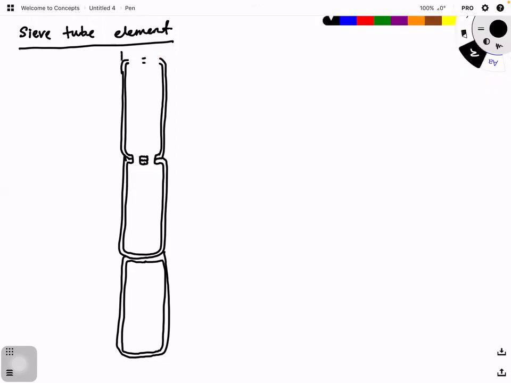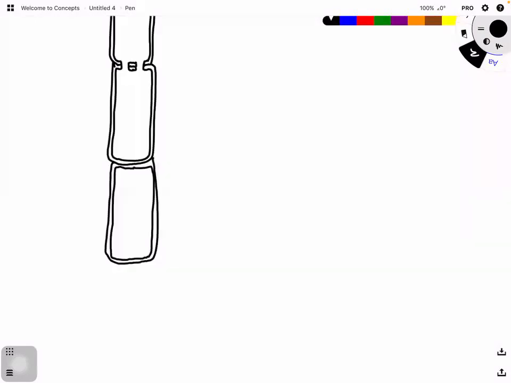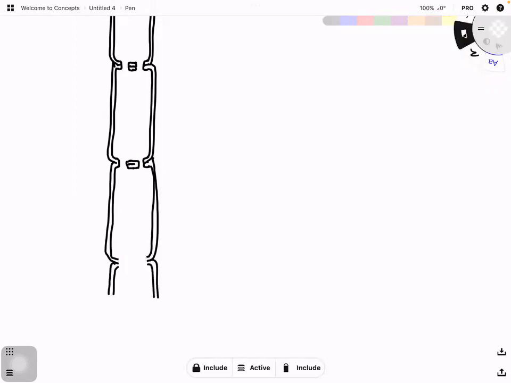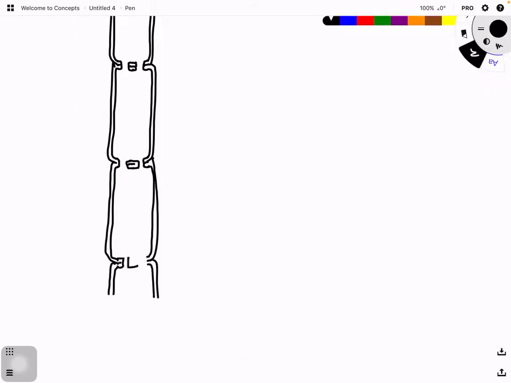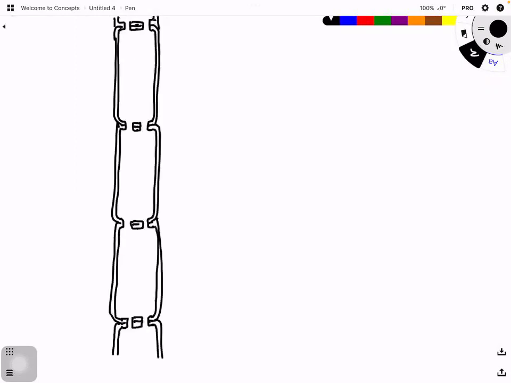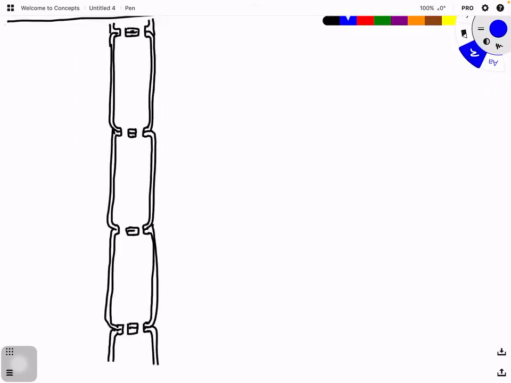So if this is another cell, you can see they have a lot of pores. The end wall here is called the sieve plate.